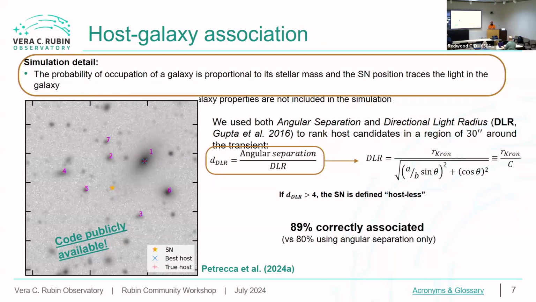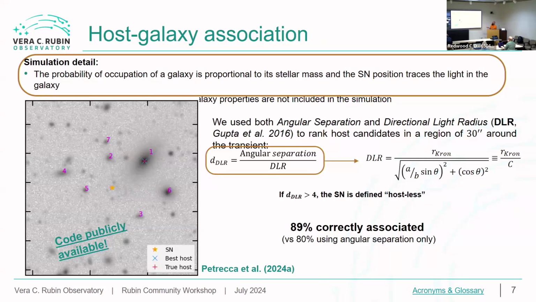So we decided to design a method, the directional light radius, that was used also in other past surveys. In particular, we adapted the method described by Gupta et al. 2016. This method consists of ranking the best host candidates using the angular separation, but also the orientation of the galaxy with respect to the transient.